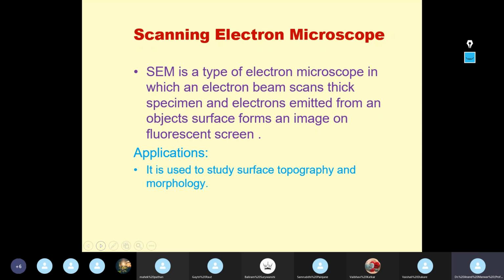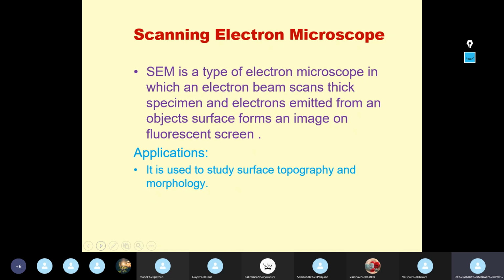As I stated, in the transmission electron microscope you cannot observe a live specimen sample, right? And you need to take a very thin section of whatever sample you are observing under it. That is not required here. Even a stone or a rock you can take and put as a specimen sample and study the surface.